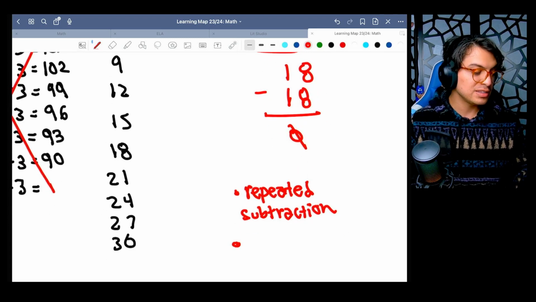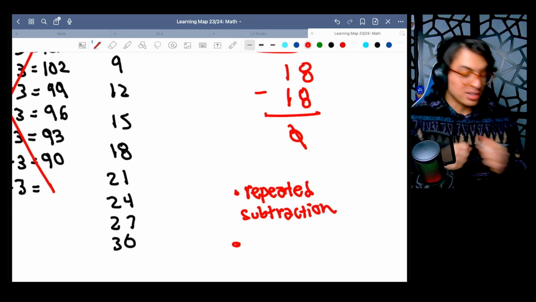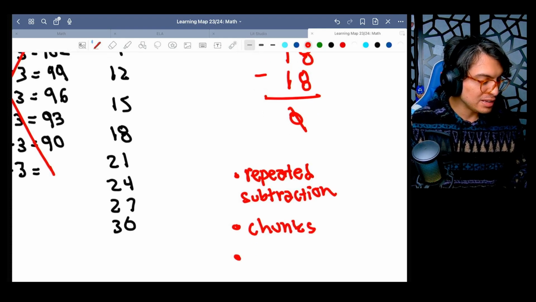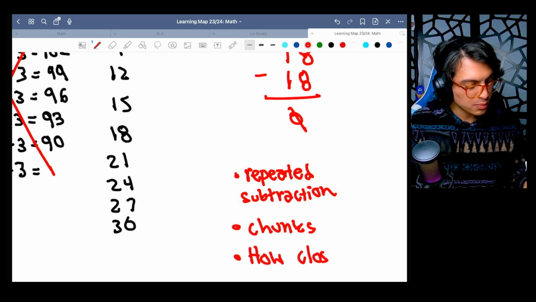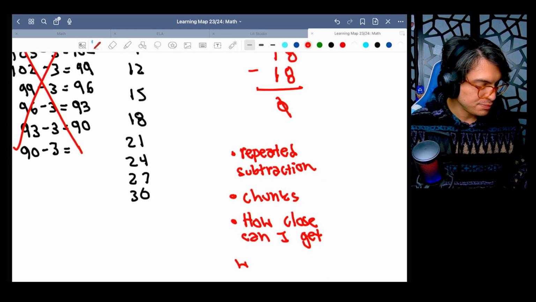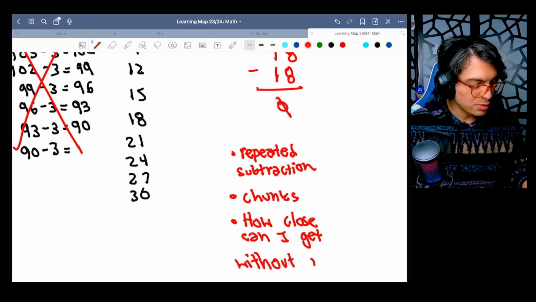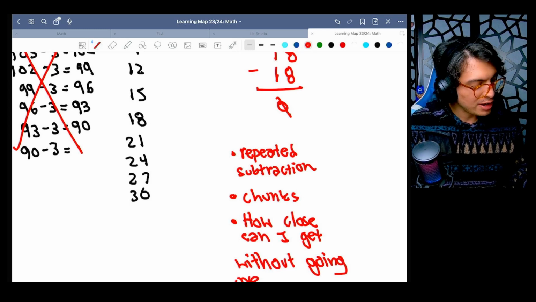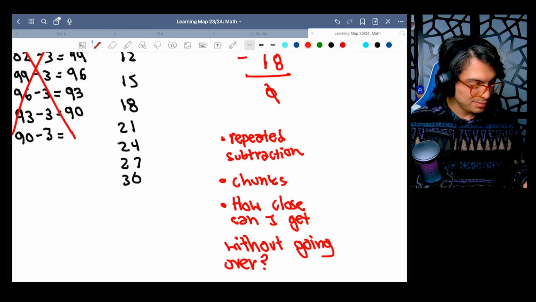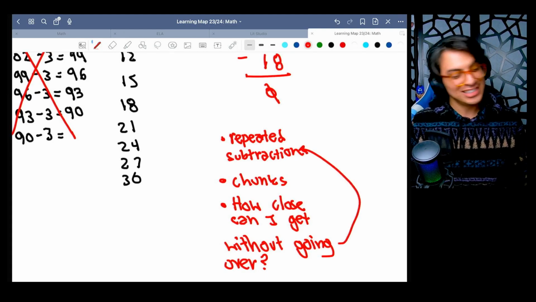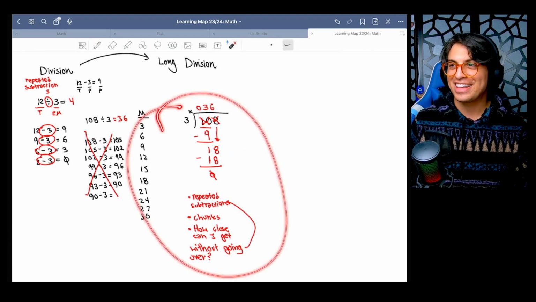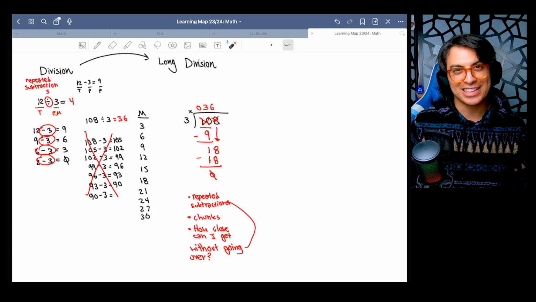And the other thing is we're doing it in big chunks. So we're going to keep asking, how close can I get without going over? And why do we ask this question? Because it's repeated subtraction. Let's try another one. Now that we know that it's repeated subtraction.